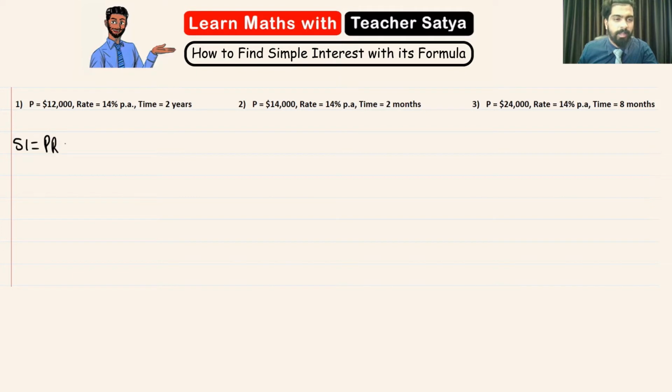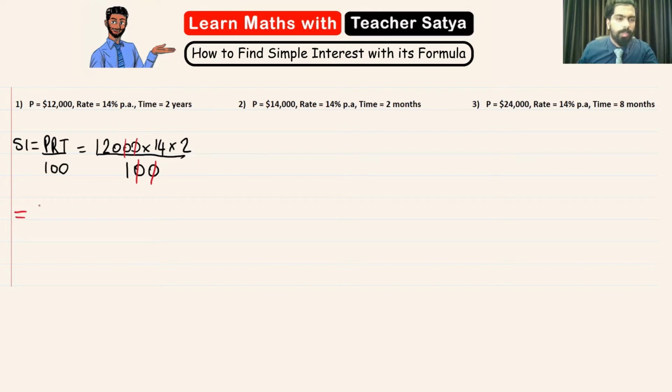So SI is PRT over 100, which is equal to 12,000, which is the principal, multiplied by 14, multiplied by 2, over 100. Now in this kind of case, guys, we can easily simplify the zeros, which will make our calculation that much easier.